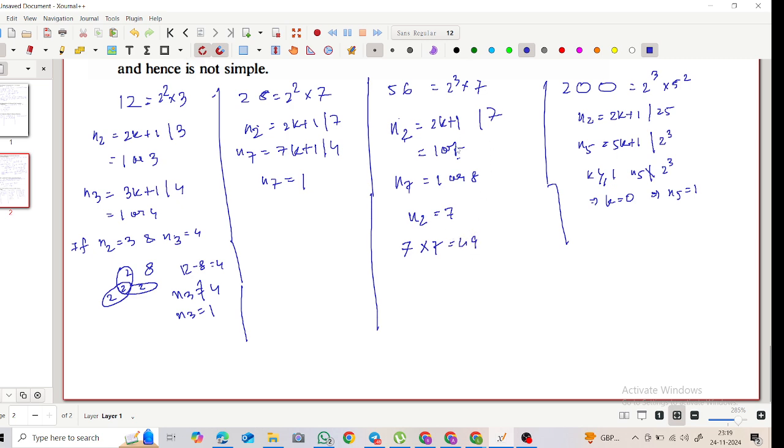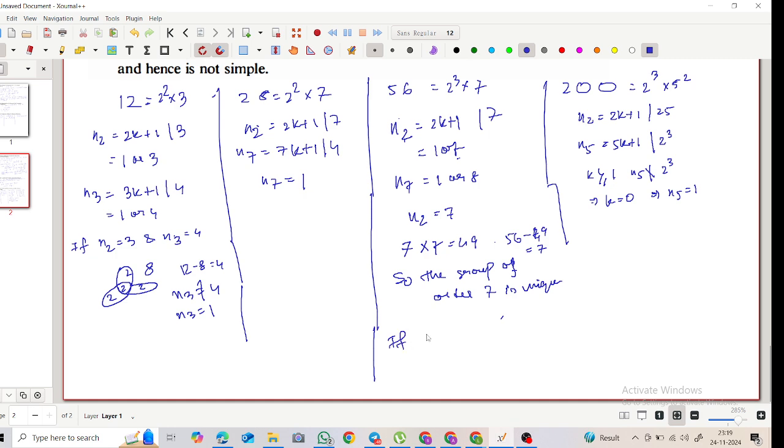Hence the group of order 7 is unique. Okay, understood? So the group of order 7 is unique, because there is only 56 minus 49, 7 elements left.